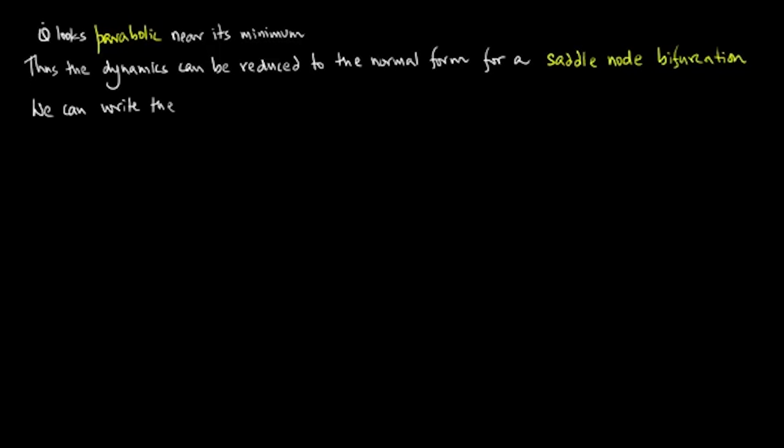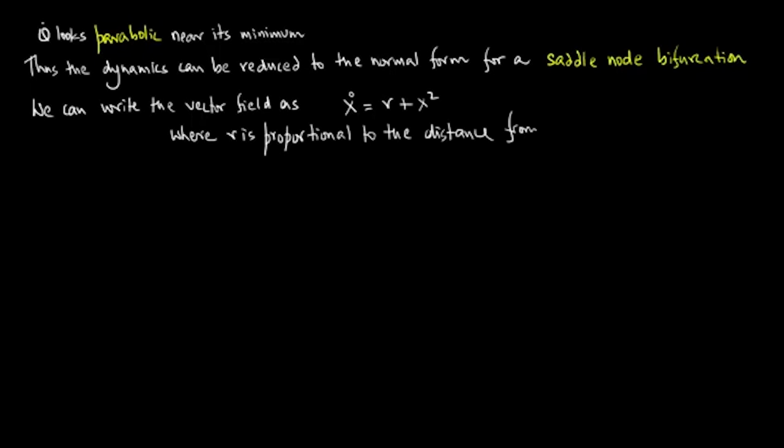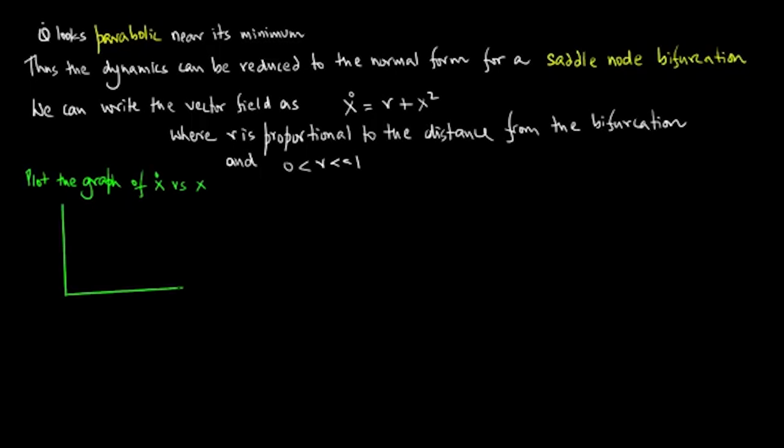We can write the vector field as x dot is equal to r plus x squared, where r is proportional to the distance from the bifurcation, and r is much less than 1 and greater than 0. So let's plot the graph of x dot versus x. Now that's a simple plot of x dot versus x.